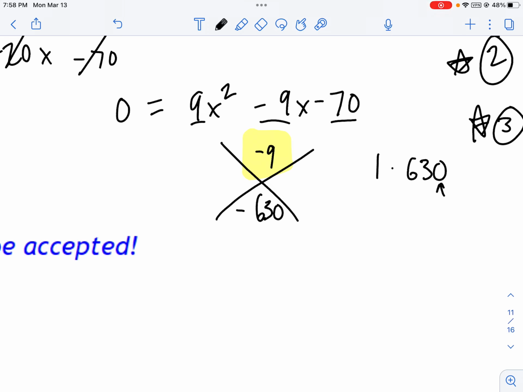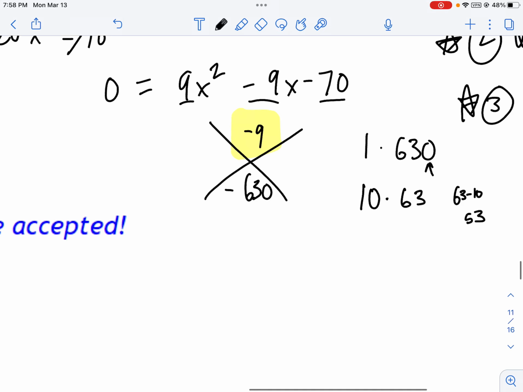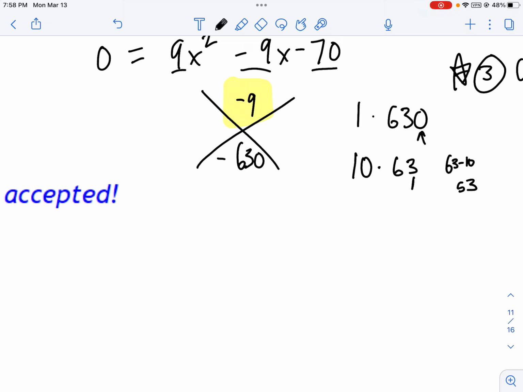Well, if that's 0 at the end, I'm tempted to use 10 and 63. Now 10 and 63 is a little bit closer. If we do 63 minus 10, that's 53, but still nowhere near 9. So then I'd say, okay, what are some other ways we can break 63 down? Well, while we knew 630 was 63 and 10, what about 9 and 7?